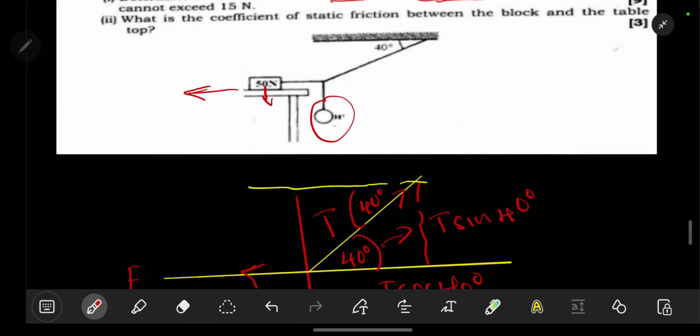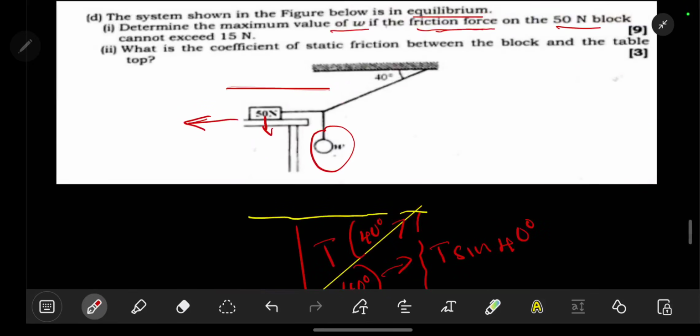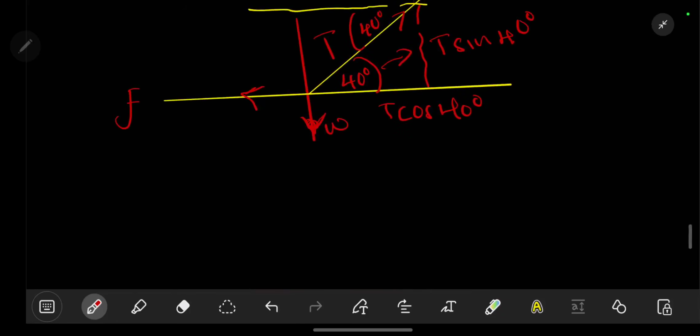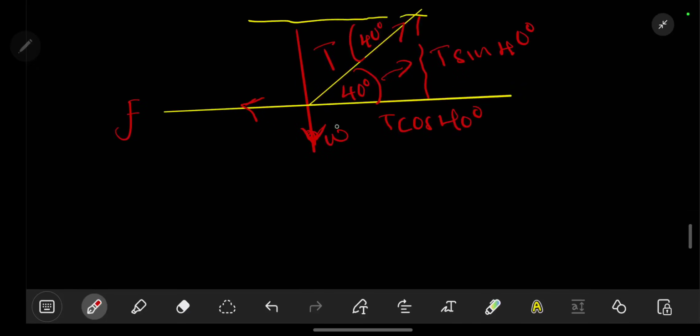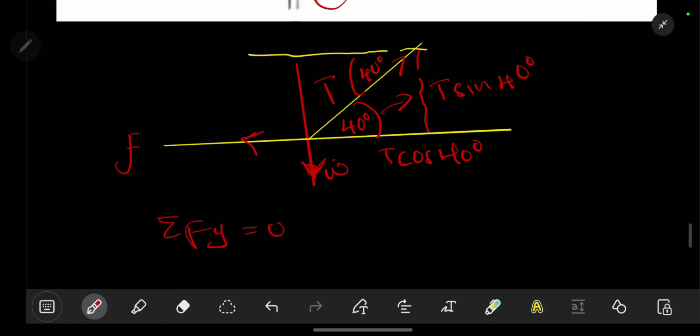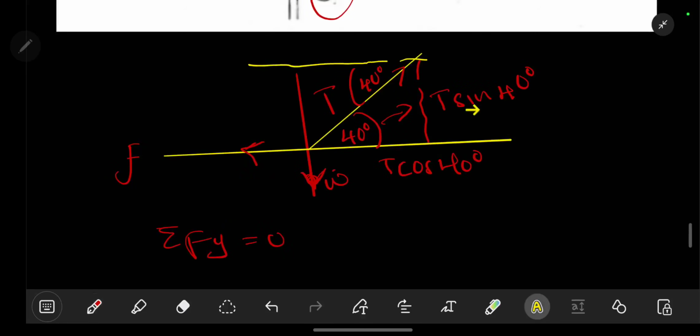Since this one has got the possibility of moving in this direction, the frictional force will oppose the motion by moving the other direction. So this is what we have for that. Then to find the weight W, since this is in the y-axis, we are going to say summation of forces in the y is equal to 0. So the one that is acting upwards, we have the T sine of 40.